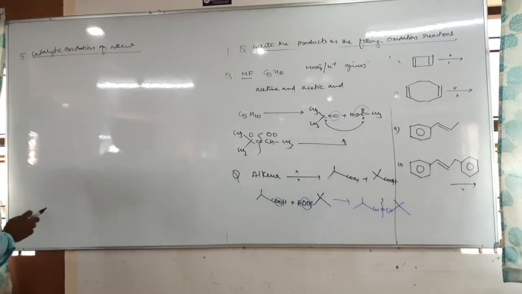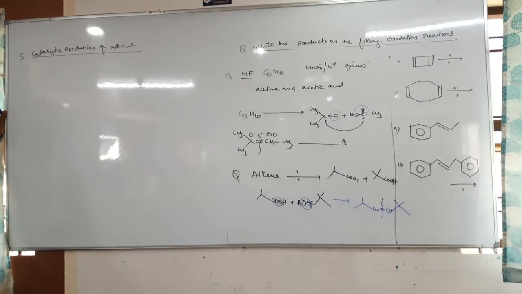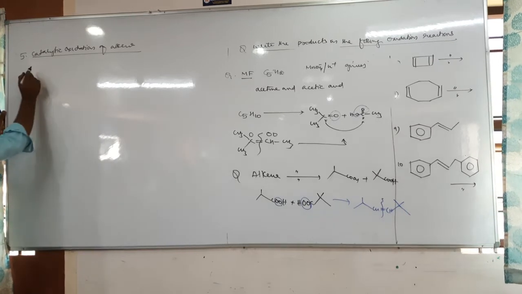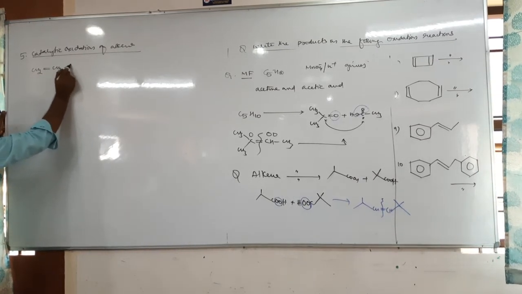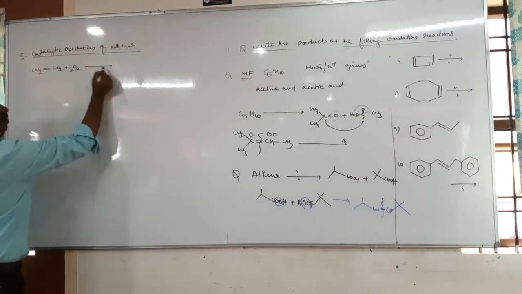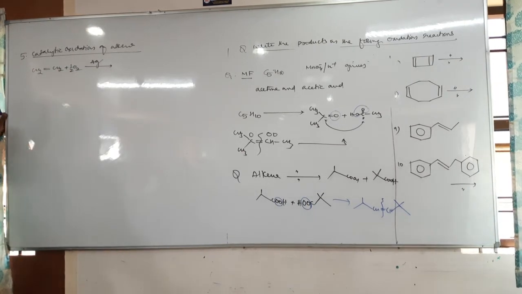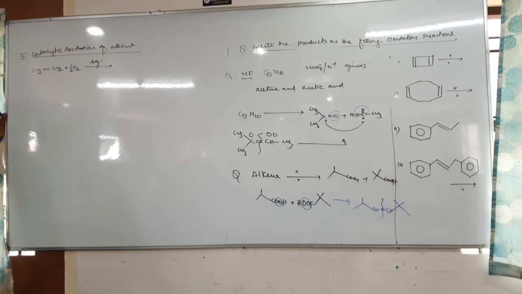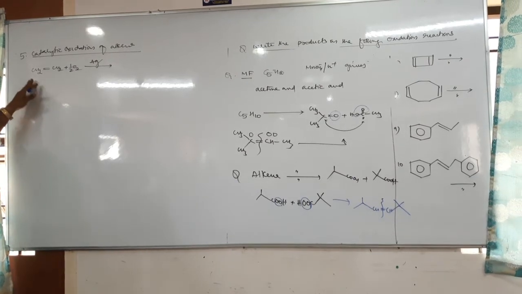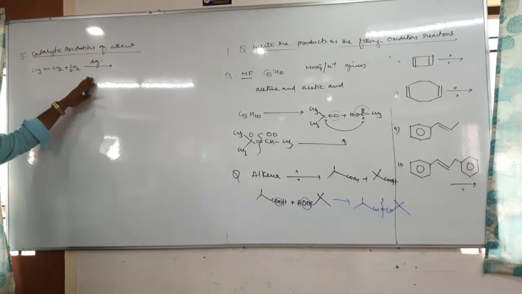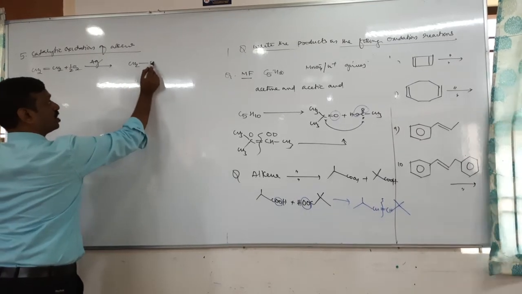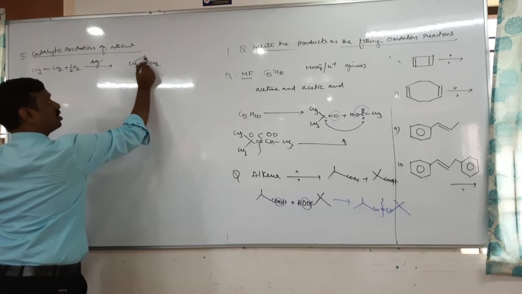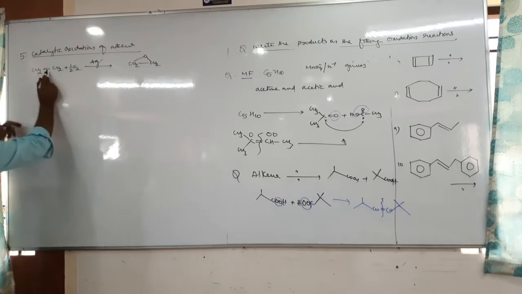Okay, next is catalytic oxidation of alkene. Right, say here alkene undergoes oxidation in presence of particularly silver metal, or silver is a catalyst. So alkene plus oxygen in presence of silver catalyst forms epoxide. What is epoxide? Oxygen is inserted in between where?